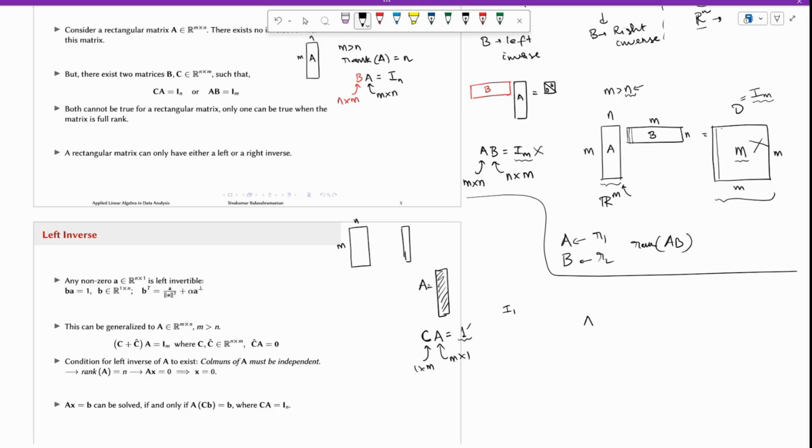Let's do an example. We want to find a matrix C, we'll call it C1, C2, such that CA will give me I, in fact this is equal to 1. How will you find out? Let's first multiply and see what we get.